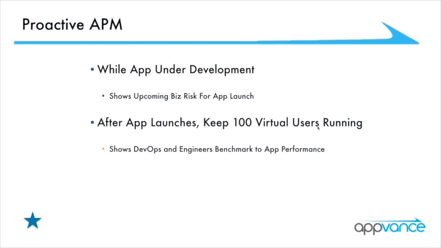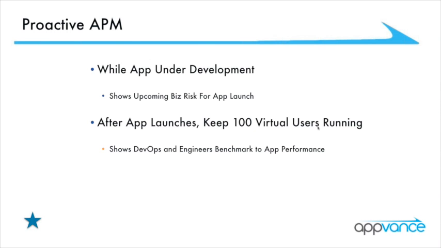One would be while the app is under development, and you're really there looking to see what's the business risk to the organization for the app launch based on the monitoring that I'm doing of the backend systems. Are those backend systems provisioned well enough? Like, do I have enough CPUs? Did I buy enough network bandwidth? That kind of thing. Do I have enough memory?